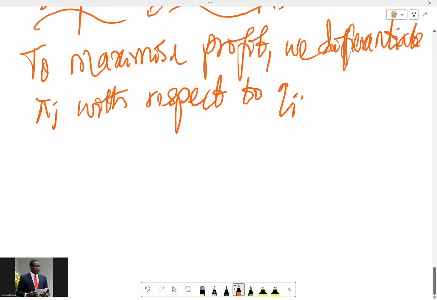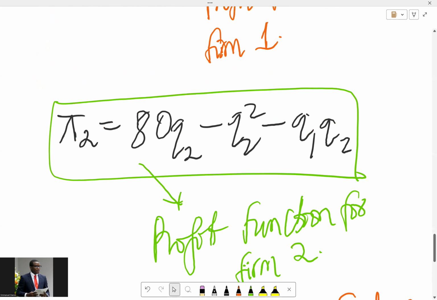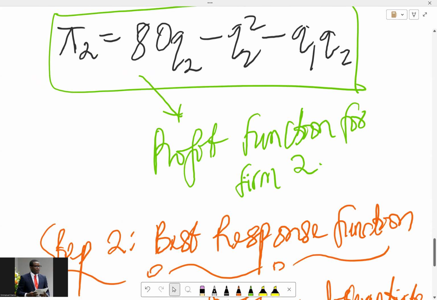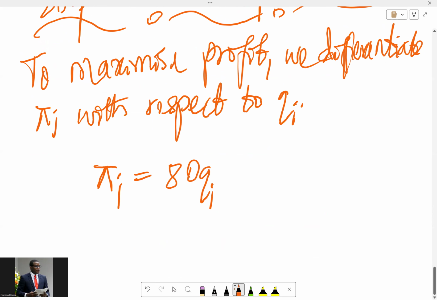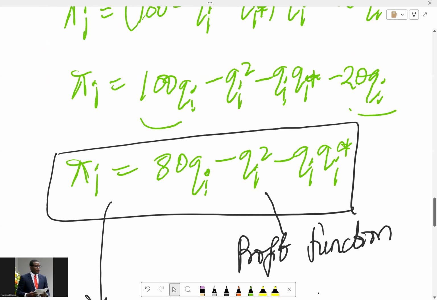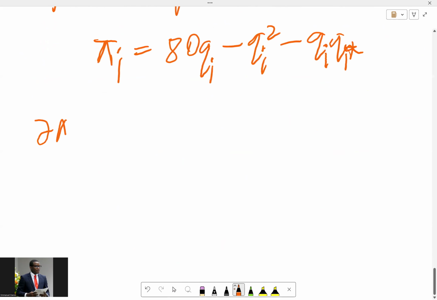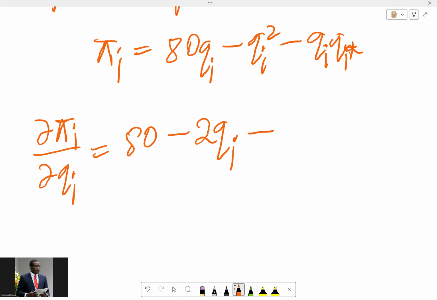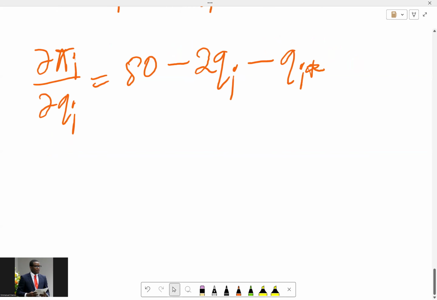The pi i we already have is 80qi minus qi squared minus qi times qi star. That's the profit function we had previously, right? So now we need d pi i over d qi, and that's 80 minus 2qi minus qi star. Then we can equate this to 0.